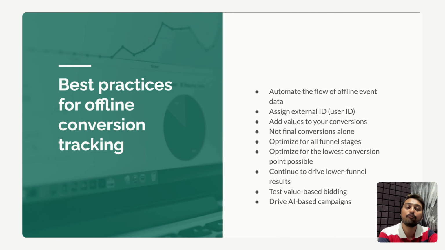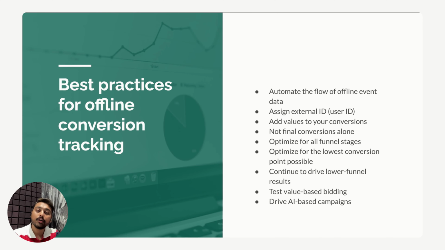This is possible only after you optimize your ad campaigns for all the funnel stages throughout your funnel. So now you have optimized for the lowest conversion point. Therefore, you're slowly moving towards the end conversion. Eventually, you will be able to continue to drive lower funnel results. Once your ad algorithm is optimized, you will no longer focus on your lowest conversion point.